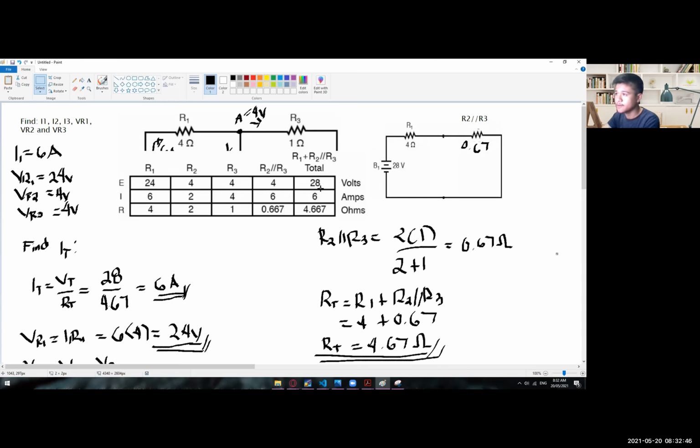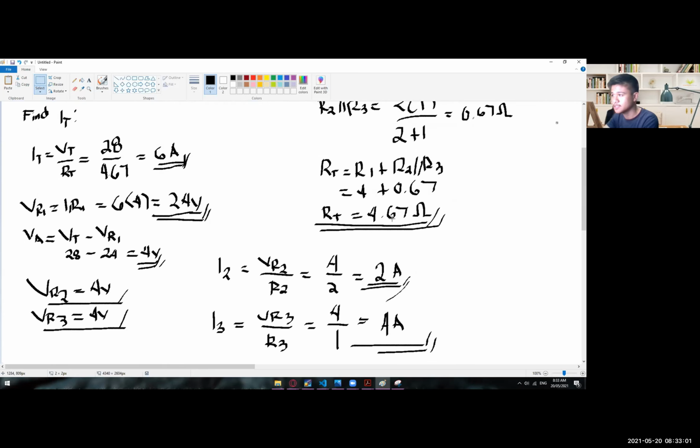Let's start on the total. We already have the 28 volts as our total voltage, and then the 6 amps as our total current, and then the 4.667 as our total resistance, which is this one.